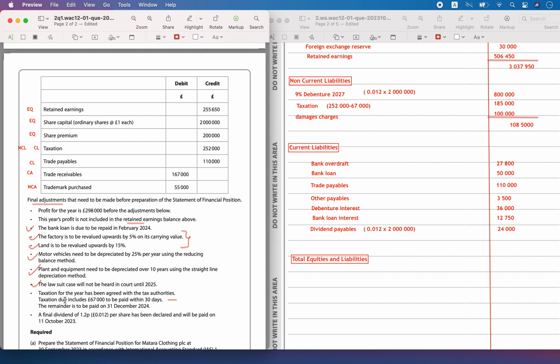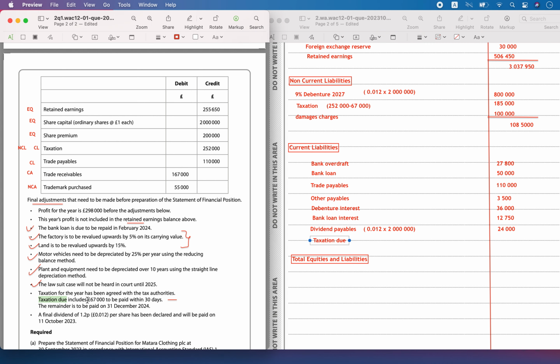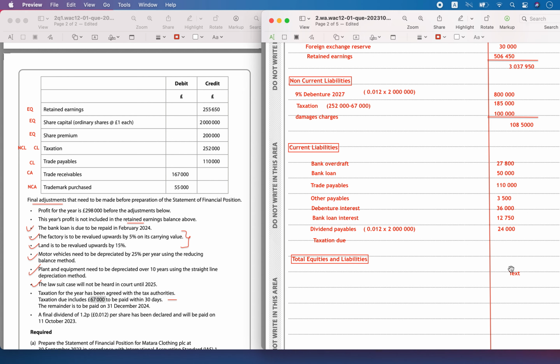Now current tax payable, the tax due, is at 67,000, and the total is 331,050.